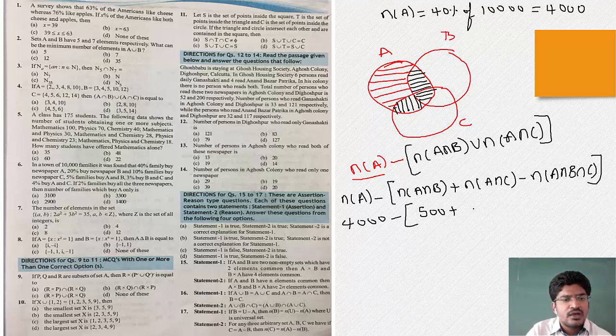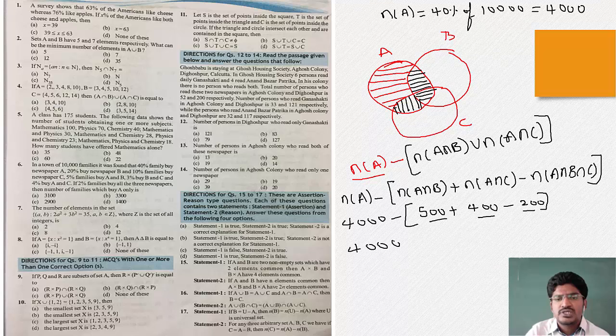N of A intersection C is 4%, that means 400, minus n of A intersection B intersection C is 2%, that means 200. So, 500 plus 400 is 900, 900 minus 200 is 700.